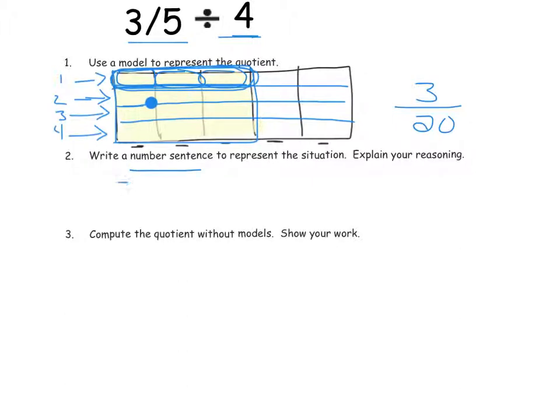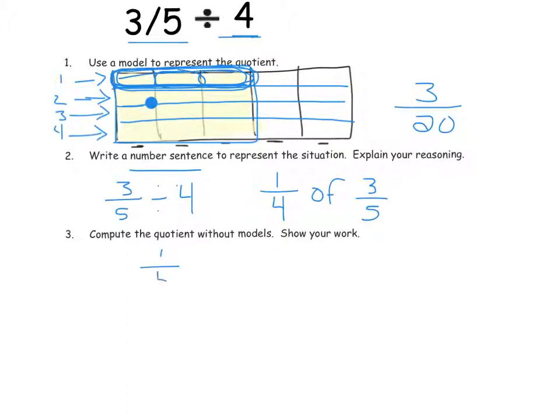So let's see if we can write a number sentence. The first one, the division part, was already given to us. So we needed to divide 3/5 by 4. But we could also think of it as taking 1/4 of our 3/5.